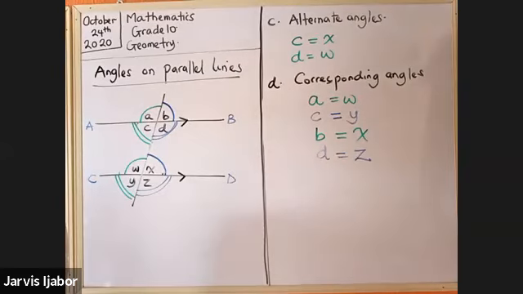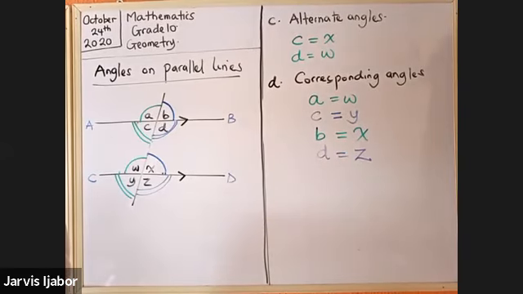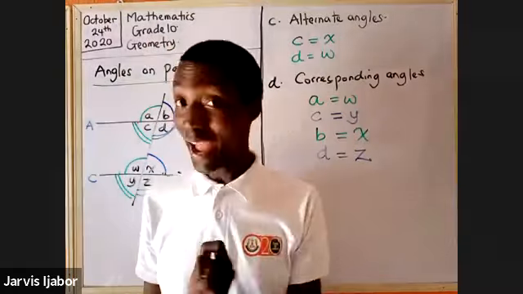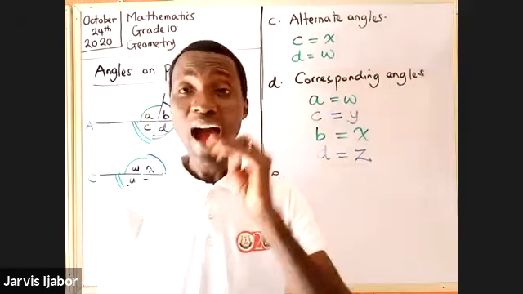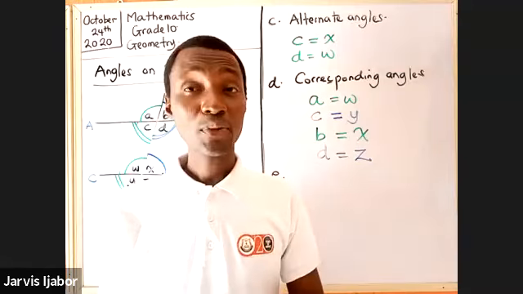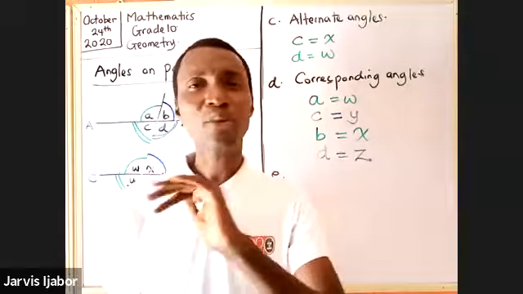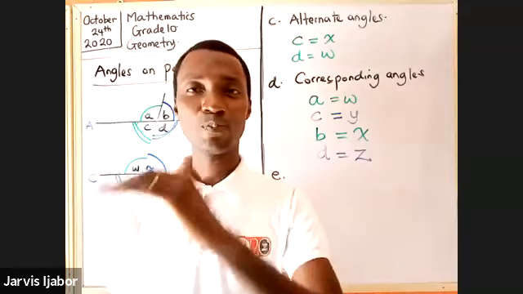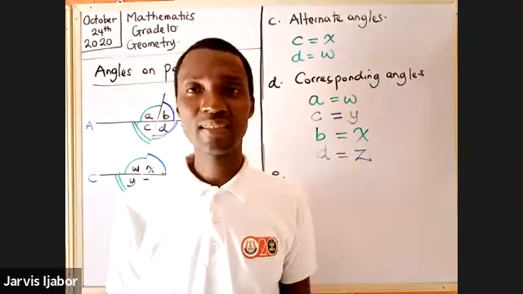Let's allow that to sink. Now, there's a particular type of angle when it comes to parallel lines that I notice books are not treating. And I'm so happy that this book, Essential Maths, has treated it.